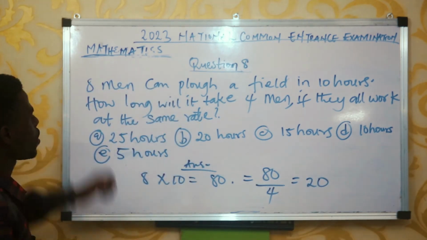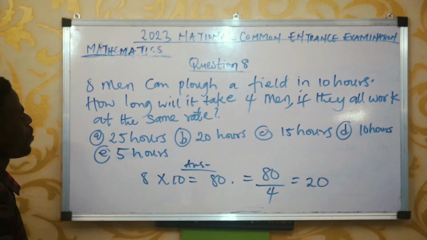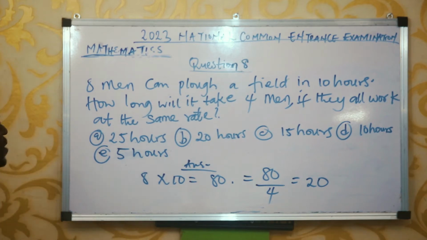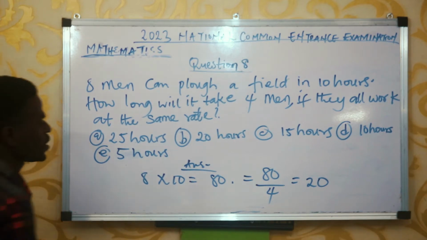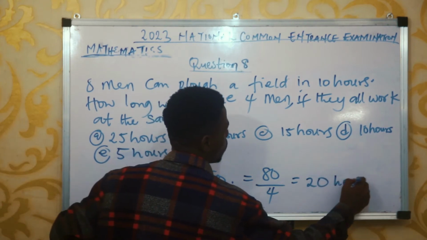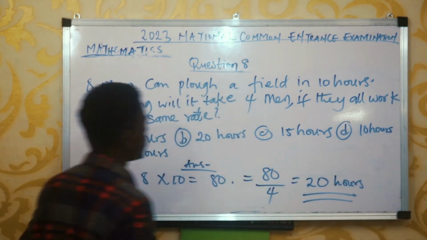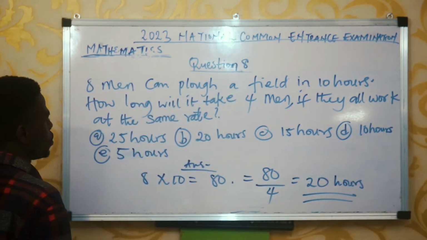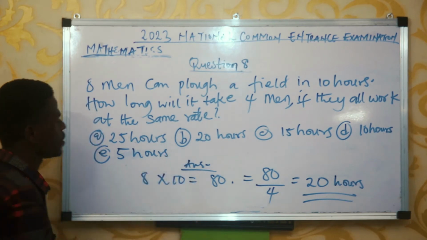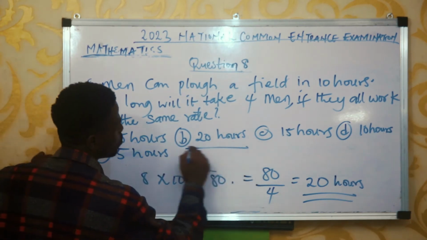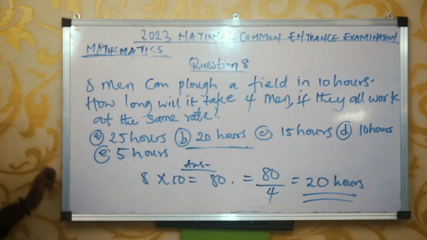So the number of hours 4 men can work at the same rate is 20 hours. So our answer is 20 hours. The option there is option B. So the answer is 20 hours. Thank you very much.